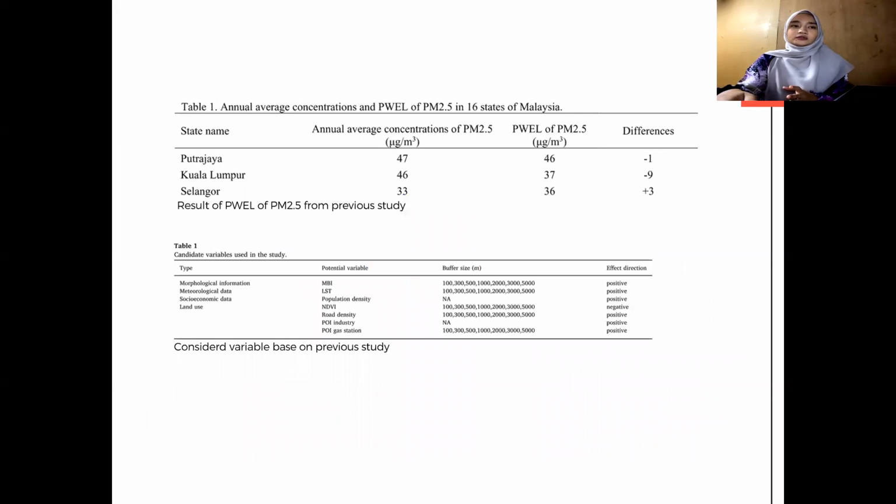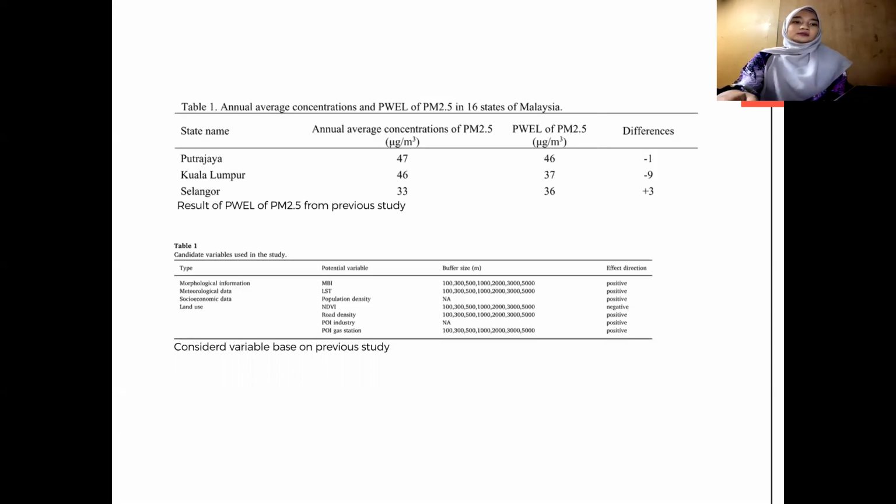As shown in this table, it shows the annual average concentration and population weighted exposure level of particulate matter 2.5 in 16 states of Malaysia, but only including 3, and it shows that Selangor has the third highest PWL with 36 micrograms per meter cube.